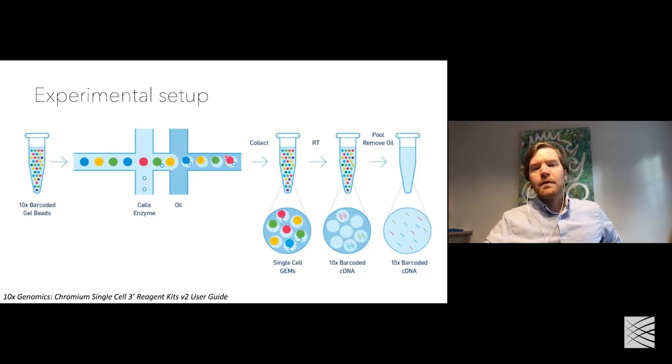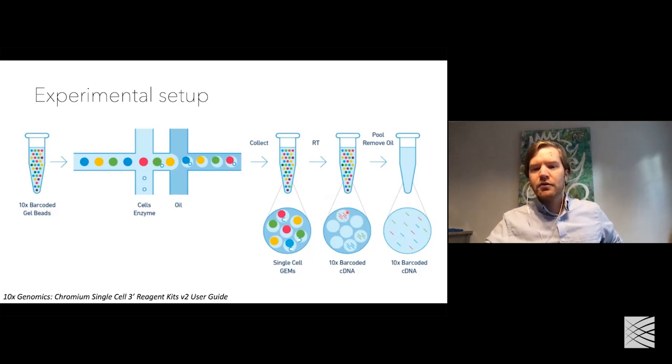So each droplet gets one bead, and that bead contains DNA barcodes. These barcodes get attached to a cDNA transcript that is made from the mRNA that's present in the cell within that droplet. So as you can see, the idea is that within each droplet, all the mRNAs that were there get reverse transcribed into cDNA, and they get tagged with a barcode that is specific to that droplet.